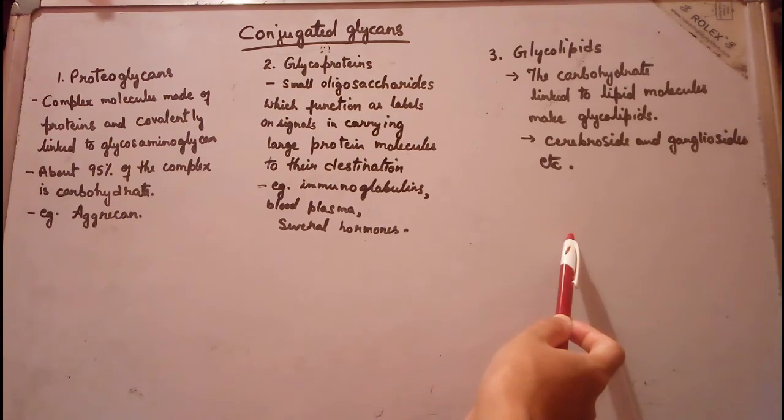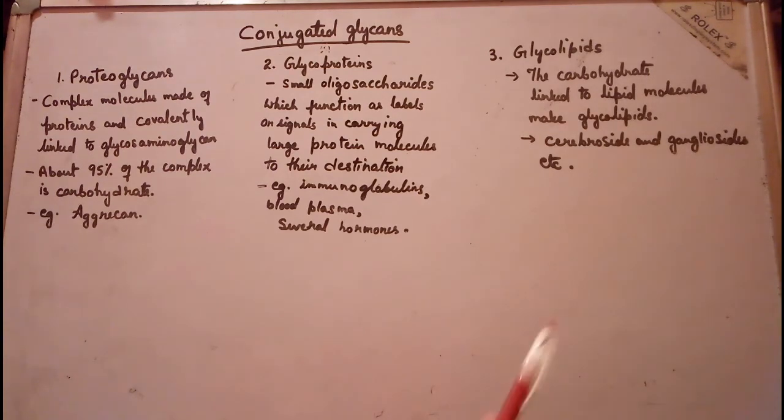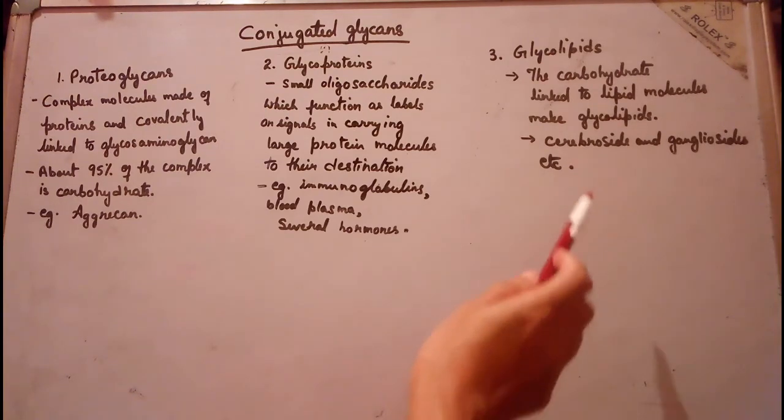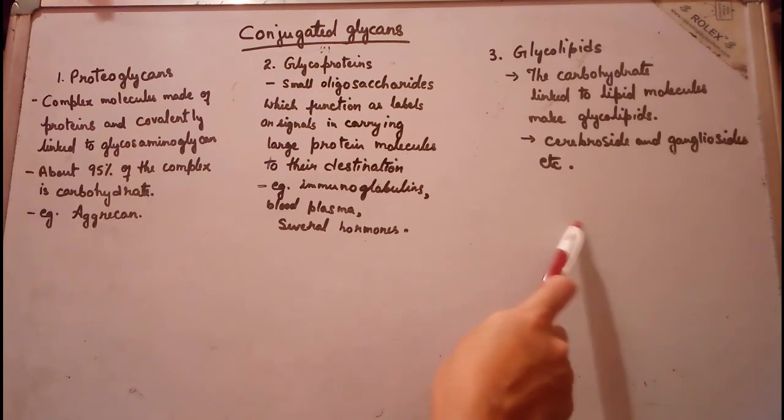Another example is globoside, which is also a glycolipid with 2 or more sugars, usually D-glucose, D-galactose, and N-acetyl D-galactosamine. And these glycolipids also function as determinants of the blood group.